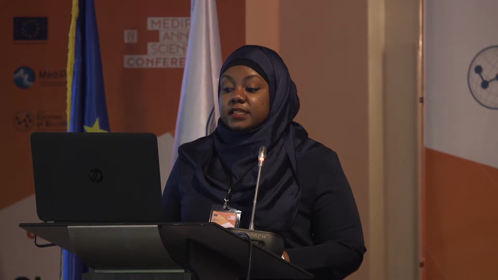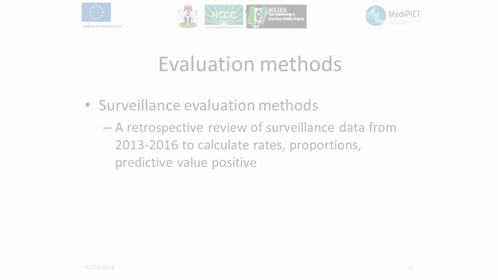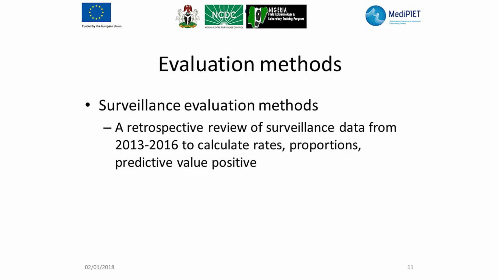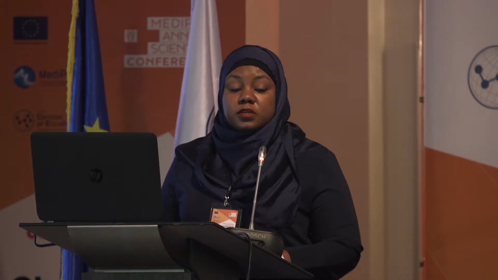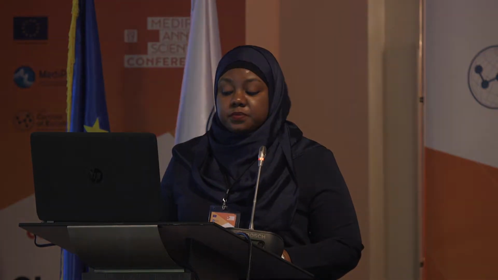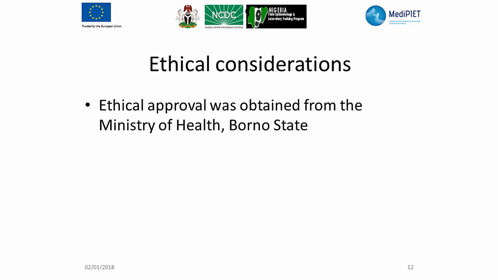We also looked at surveillance data from 2013 to 2016. We got information that we used to calculate some rates, proportions, and then some of the attributes as well. We obtained permission to conduct this study from the Borno State Ministry of Health, and these are the results.